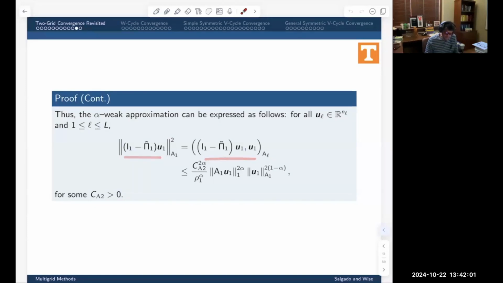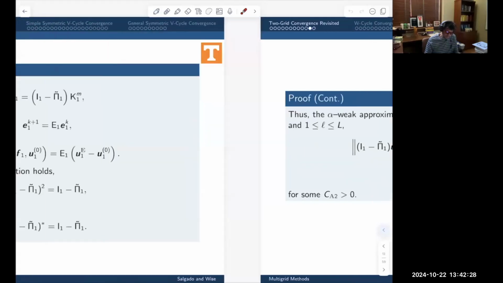Well, it's just because I can replace this with a square, and then I can move one copy over to the other side, and you'll see you immediately get the norm squared of (I1 minus pi 1 tilde) U1 in the A1 norm. So square this, and then move one of those squares over to the other side, and you immediately get this object here. Okay, so that's what the alpha-weak approximation property gives us.